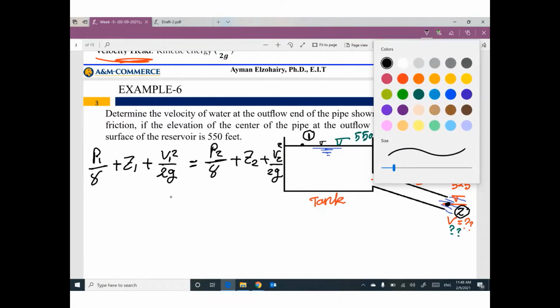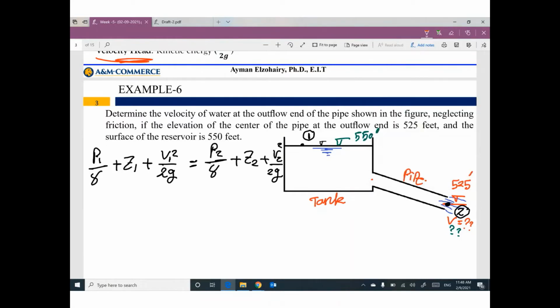So guys, if you look at this point, what is the pressure above this point? Do you have pressure gamma H? No. This term will be 0. What is the elevation of this surface of water? It's given, 550.